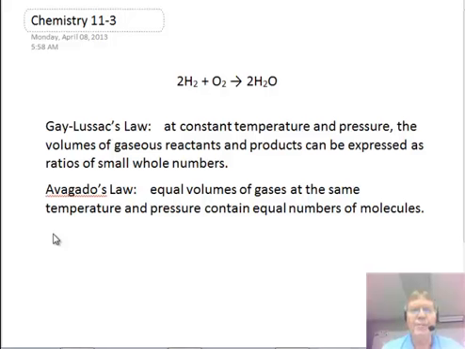So the number of molecules in the 2 volumes of H2O, if it's at the same temperature and pressure, would be the same as the number of molecules of H2O on the right-hand side. At any rate, these were very important properties in our work with gaseous products and reactants, which is what we're looking at here right now.